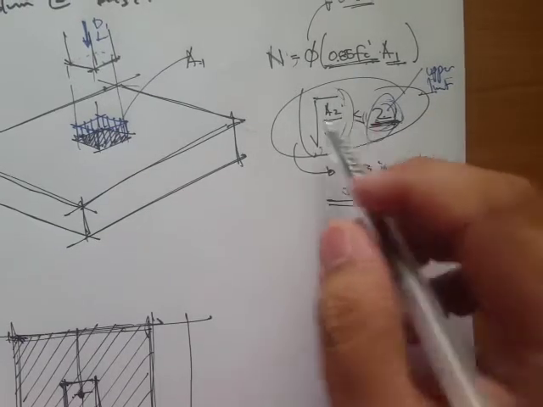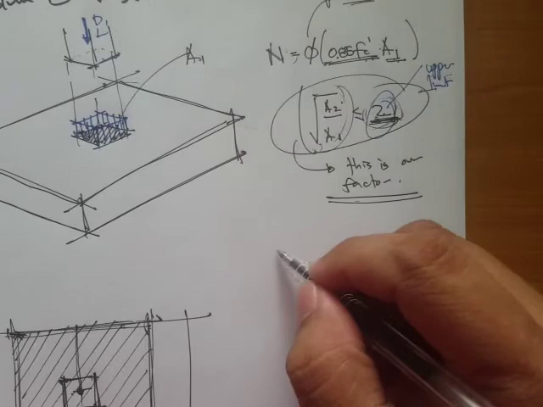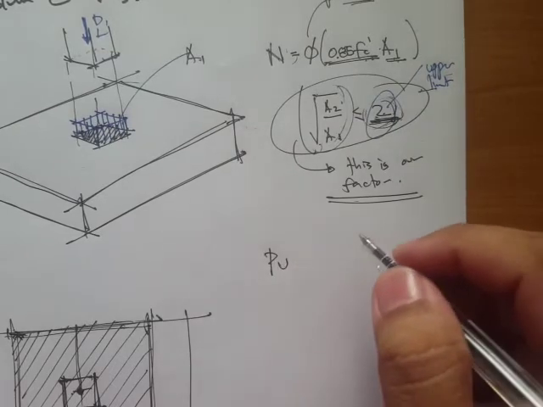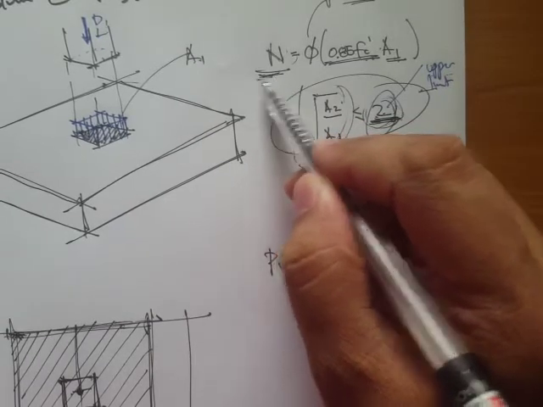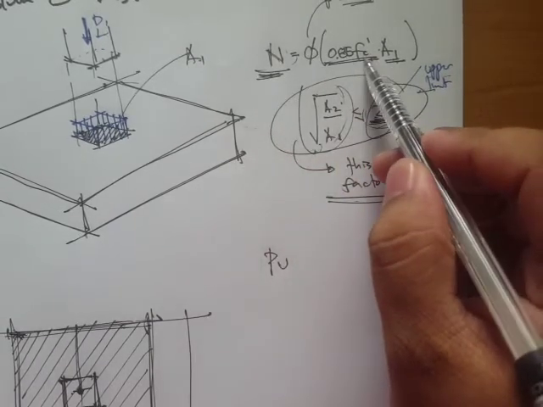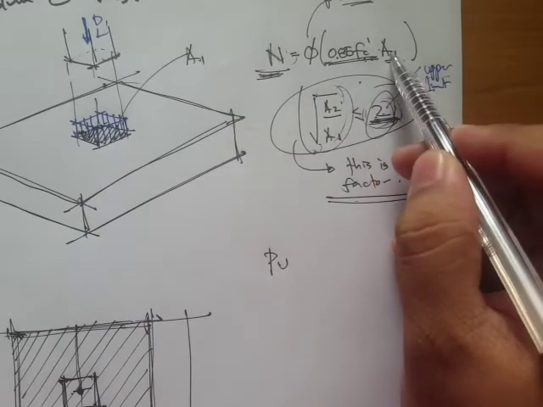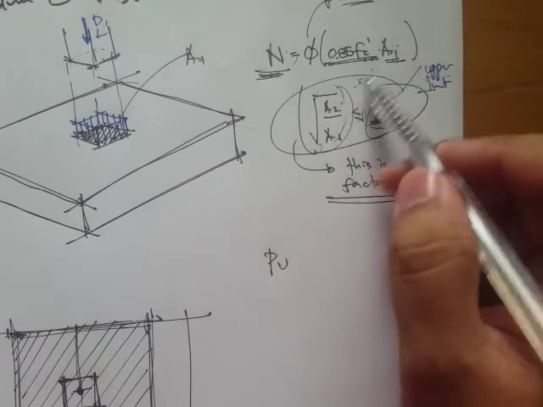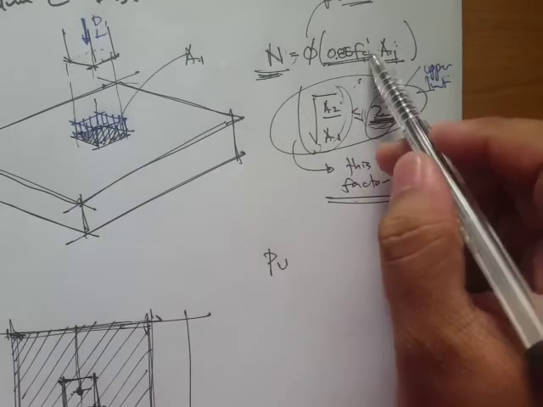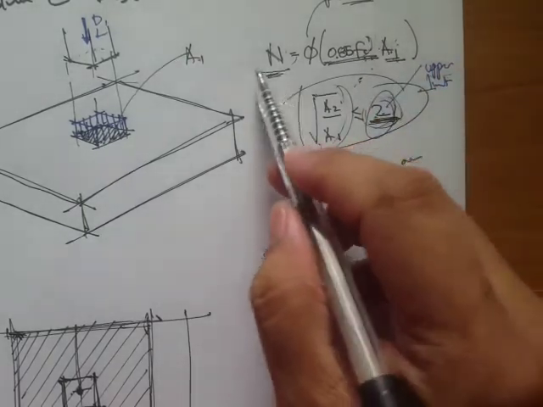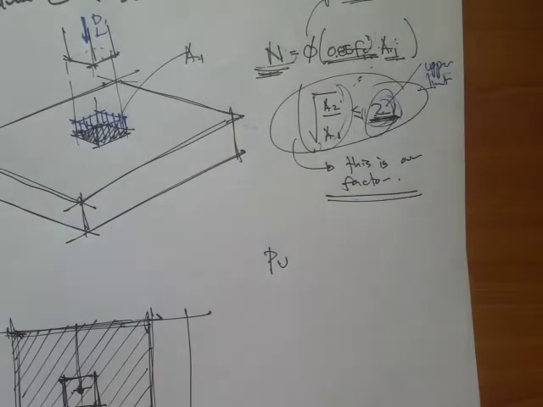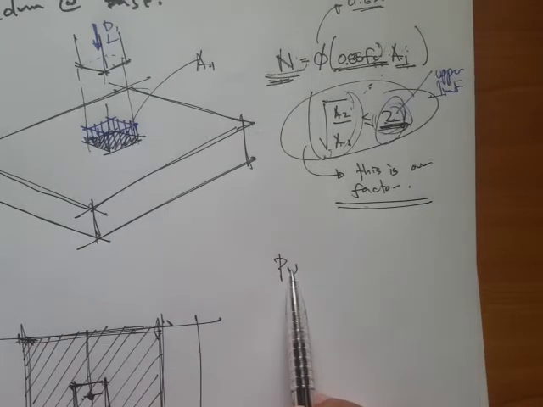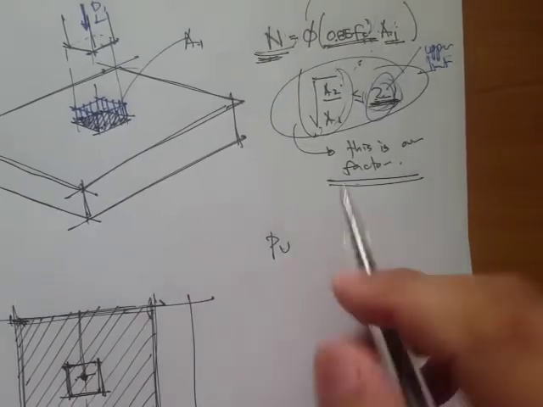Now, since this is a capacity, we have to compare it to the loadings. Since this is a point load, in newtons per mm squared times mm squared, what you get is a concentrated load. So we have to compare this bearing capacity to the factored load that's also concentrated, from the dead load and the live load.